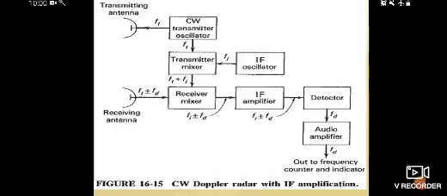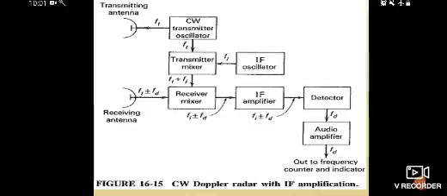Whenever the receiver mixer input is ft plus fi, we can get fi plus or minus ft plus or minus fd. The receiver mixer output is amplified by the IF amplifier.